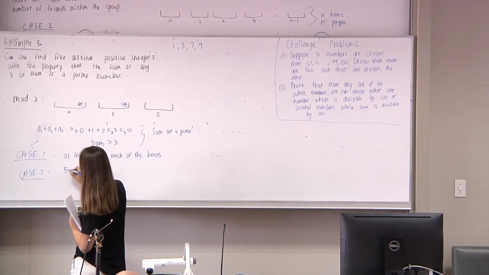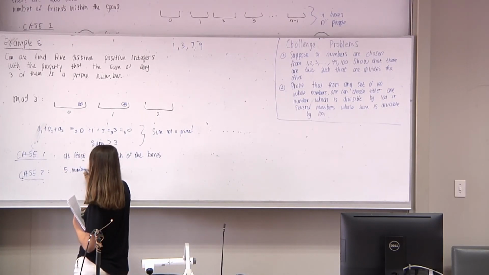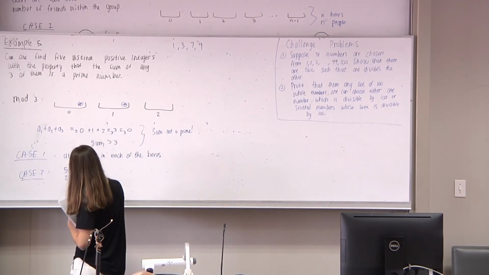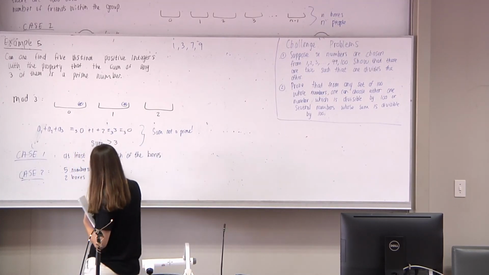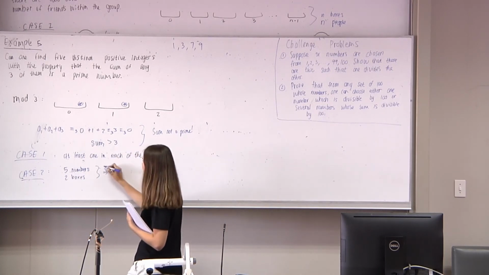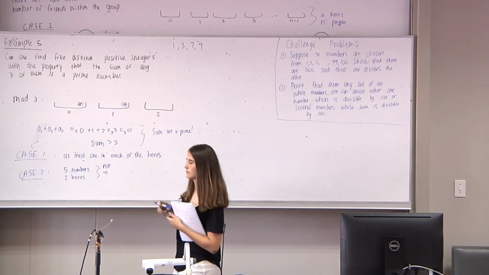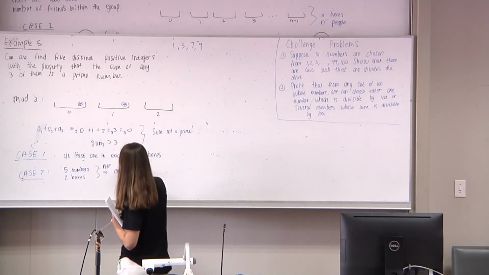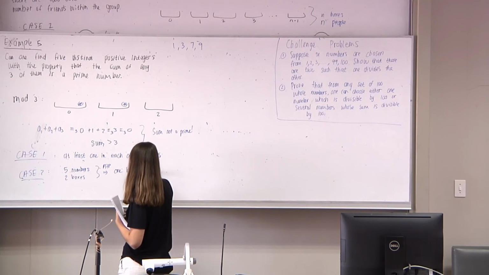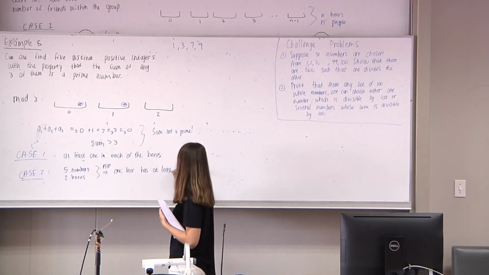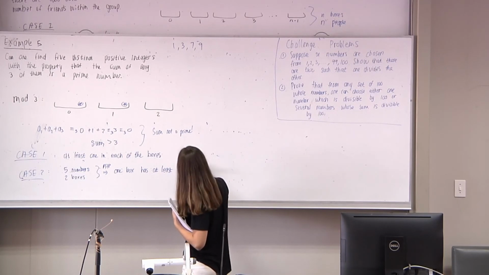We have 5 numbers and now only 2 boxes. And what does this mean by pigeonhole principle? 3. Yes. So one box has at least 3 numbers.